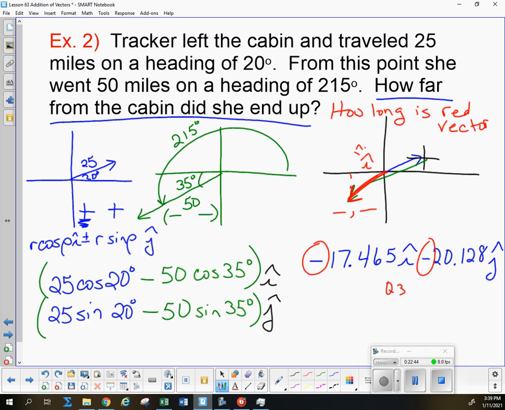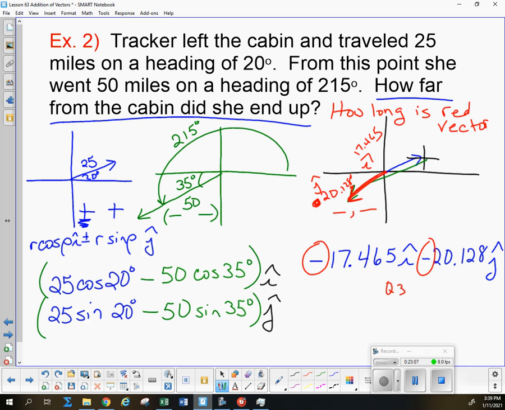This is that 17.465. This is my final j hat. Mine's not drawn really to scale, but that final j hat is negative 20.128.